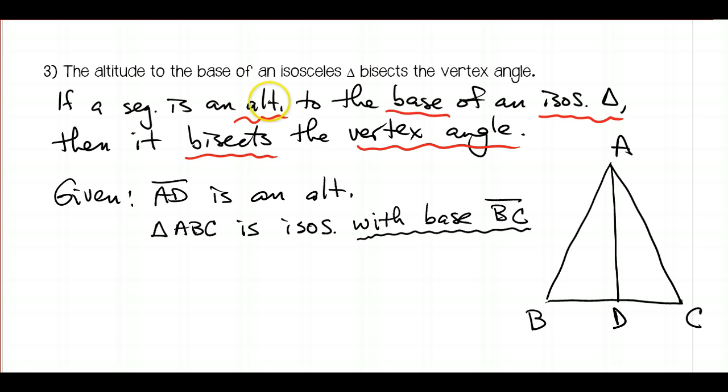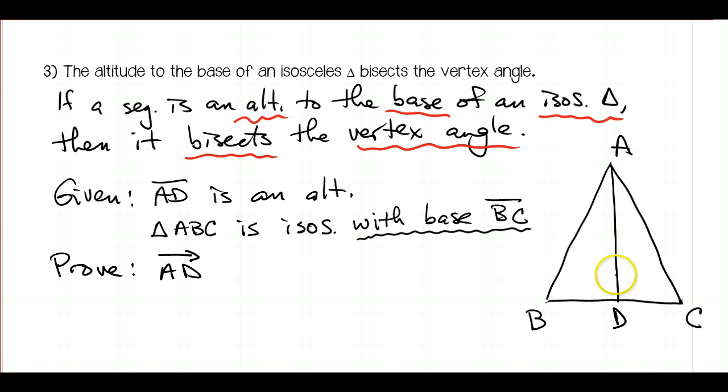All right, so I've got altitude, I've got base, I've got isosceles triangle. Now then we can prove, or then you should prove, that it bisects the vertex angle. So prove, and we're going to write ray AD because really what you want to think about here is the ray associated with that altitude, because remember there's a line that goes through AD.